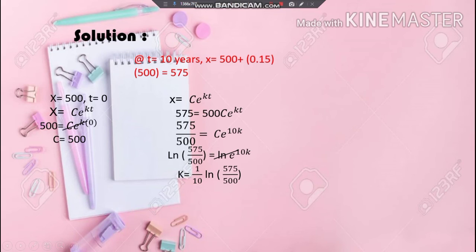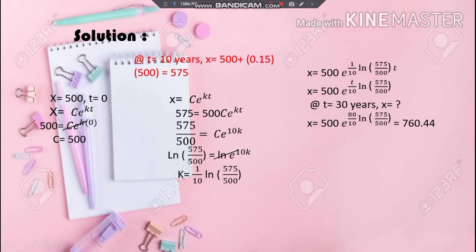So we have this result: ln of 575 over 500 is equal to ln of e raised to 10k. So we have the k now. K is equal to, we calculate this one, this is the result: 1 over 10 ln of 575 over 500.